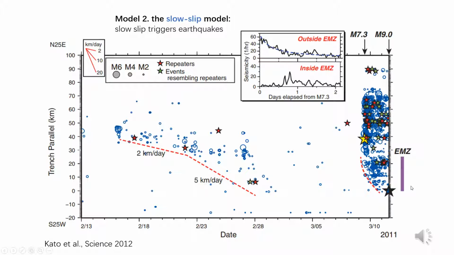However, in many case studies, foreshock activity shows clear migration on a large scale, and the slow slip generated by the afterslip of major foreshocks is proved to be the dominant mechanism.